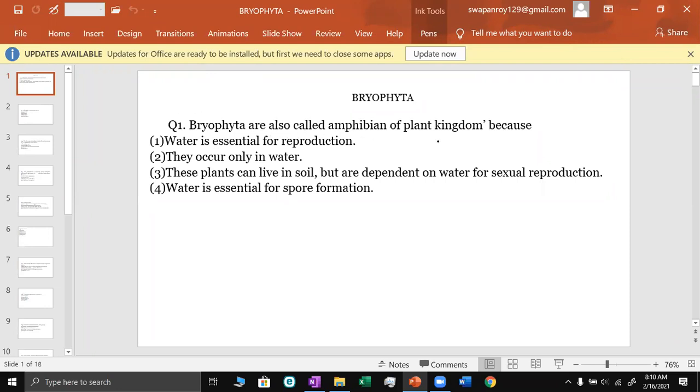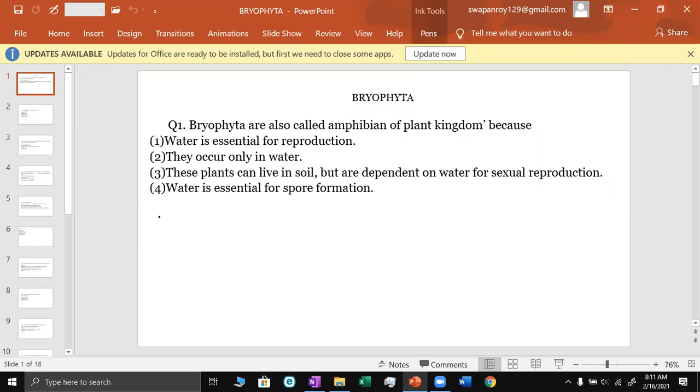Bryophytes are also called amphibians of the plant kingdom because: water is essential for reproduction; they occur only in water; these plants can live on soil but are dependent on water for sexual reproduction; water is essential for spore formation. Which one is the correct answer?